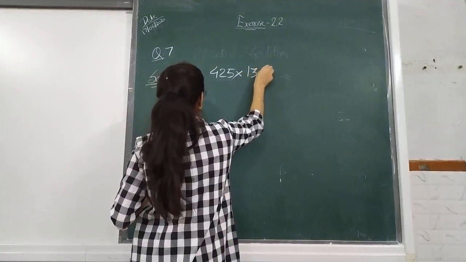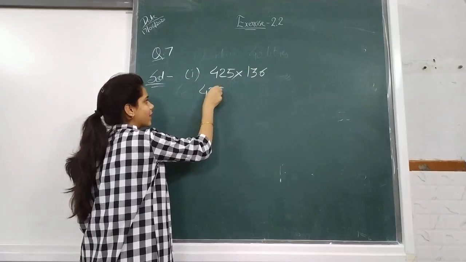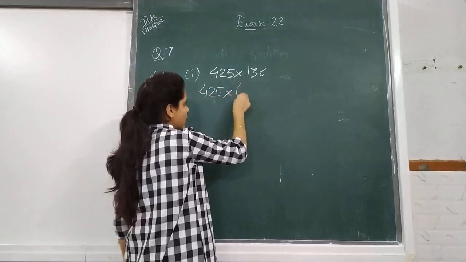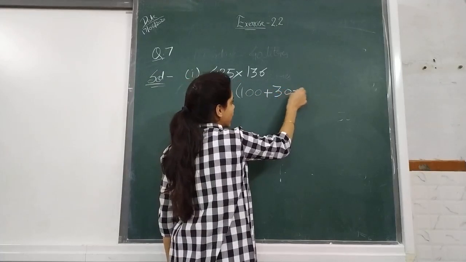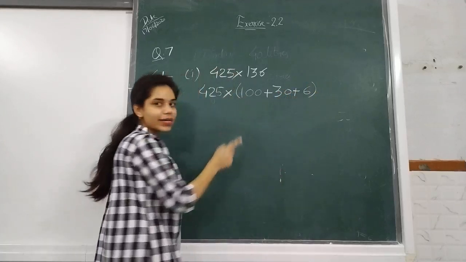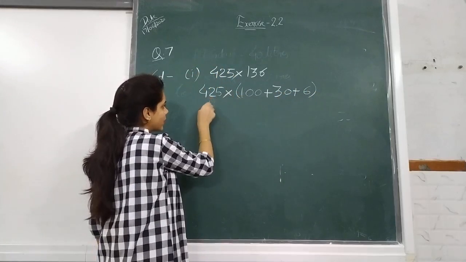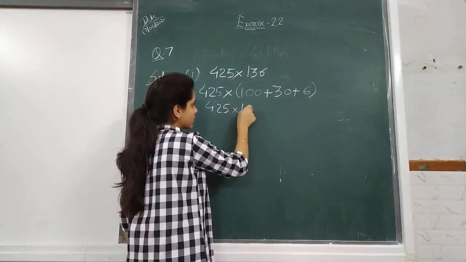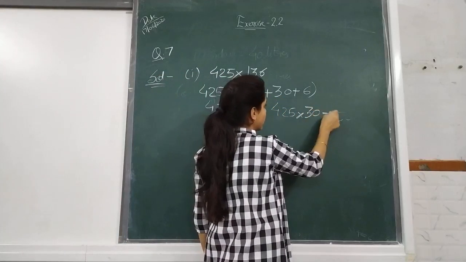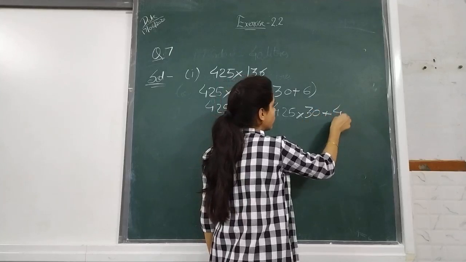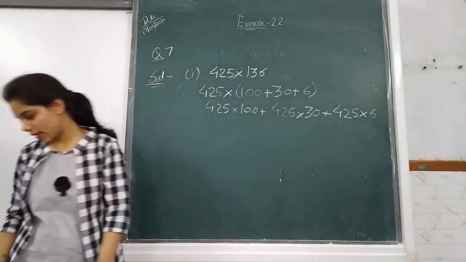Okay. Now you can write it as 100 plus 30 plus 6. So in this you can apply distributive property. So this will be a distributive property like this: 425 into 100 plus 425 into 30 plus 425 into 6. So this will be your distributive property.